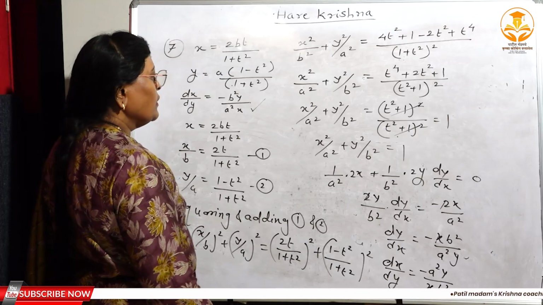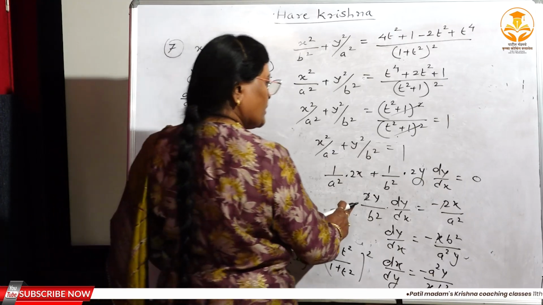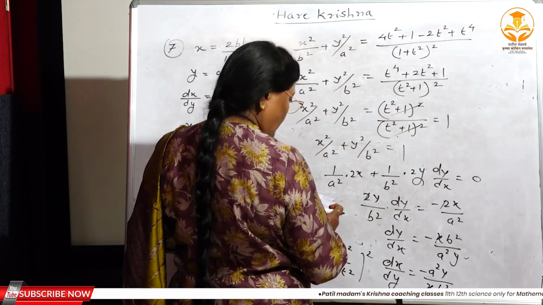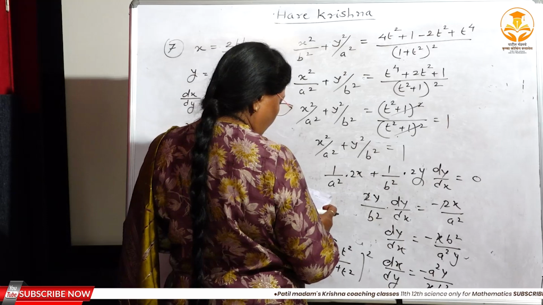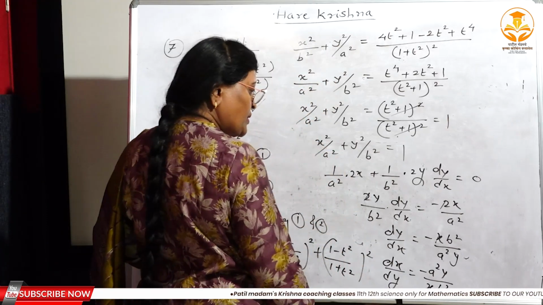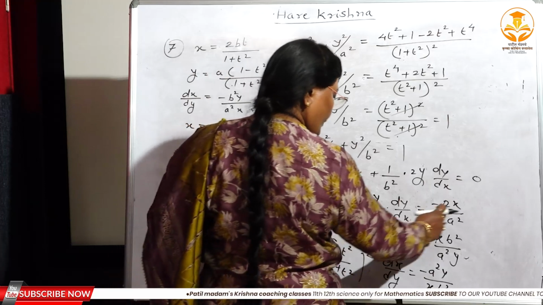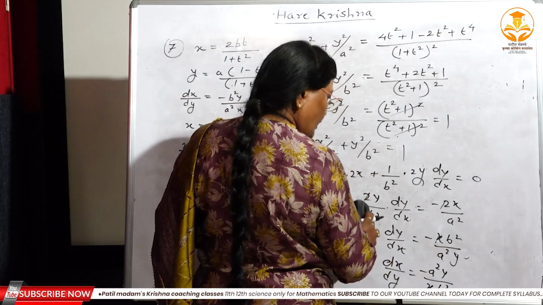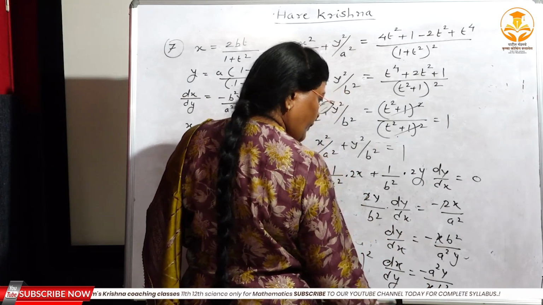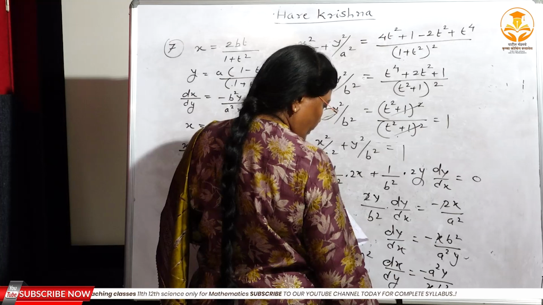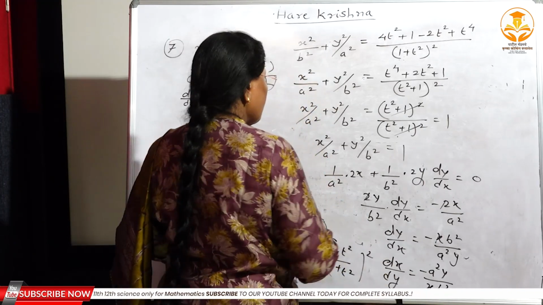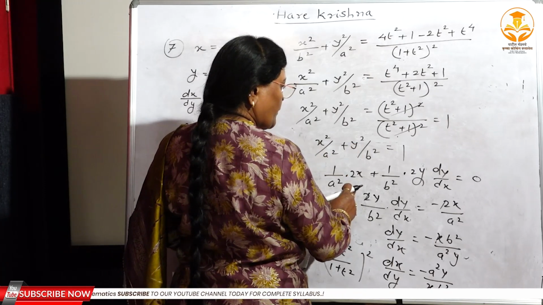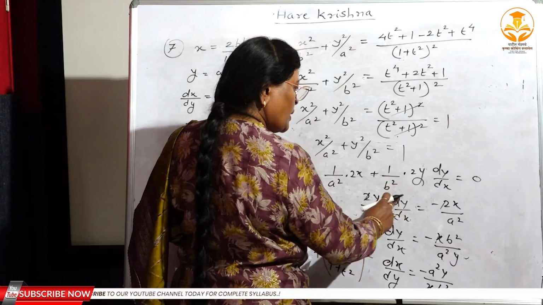So what we have taken here? That is dy/dx. See here, this is the dy/dx. What is the proof? Minus b²y/(a²x)... minus x into b²/(a²y). So 1/a² remains as it is. x² gives 2x. y² remains as it is.